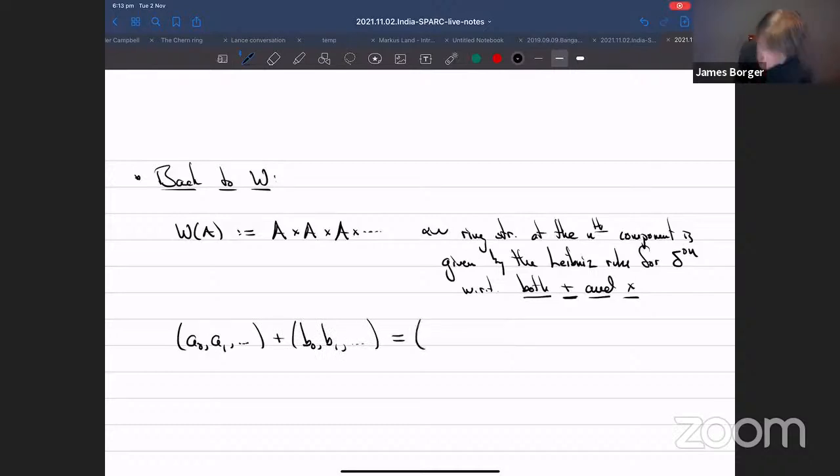So component number 0 is the 0th iterate of delta, which just means the identity map. So the identity map is both additive and multiplicative. So that part is easy.